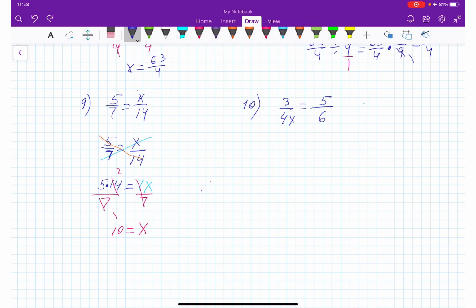Equal to the other one, 4x times 5, it's going to be 20x, right? So since I need x, we divide by 20 here, divide by 20 here. This 20 is gone. 18 and 20, I can reduce by 2, get 9. Reduce by 2, get 10. So my x is equal to 9 over 10.